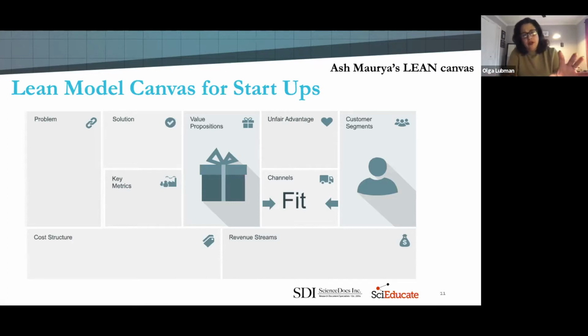And so the main principle behind the Lean Model Canvas is to be able to reiterate ideas within a single page without having to write a long proposal or a business plan, right?